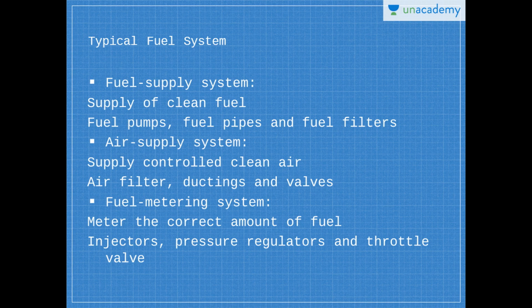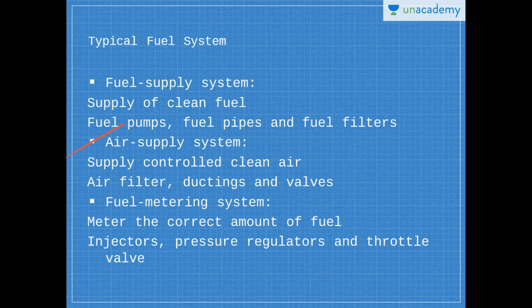So let's go into what is a typical fuel system. The typical fuel system is of three types, namely the fuel supply system, the air supply system, and the fuel metering system. The fuel supply system gets its name because of its supply of clean fuel. Its apparatus includes the fuel pumps, fuel pipes, and fuel filters.